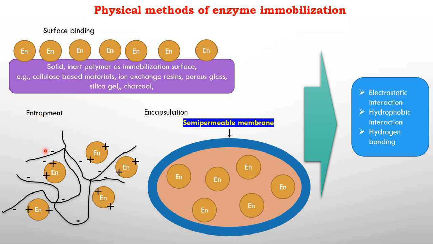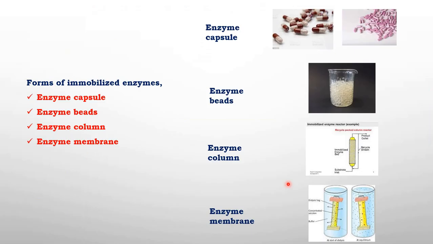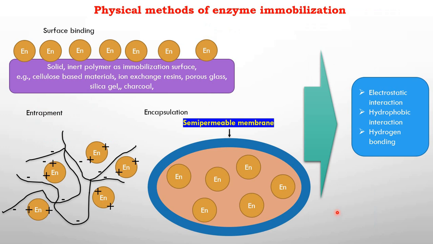So it may be entrapment, that is, it forms when the substratum forms electrostatic interaction or hydrogen bonding, etc. Or it may be a semi-permeable membrane, as I already said. The semi-permeable membrane system is used in the enzyme membrane. We can use a synthetic semi-permeable membrane, and we engulf the enzymes within this membrane.